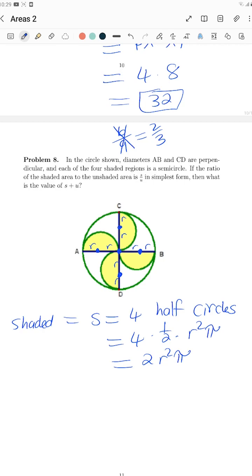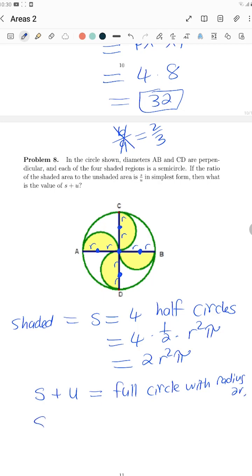Now let's do the unshaded. Now the unshaded can be broken up into 4 disconnected regions, but let's rather do some area counting. We can see that the shaded plus the unshaded, if we put all of those regions together, we get a full circle with radius 2r.